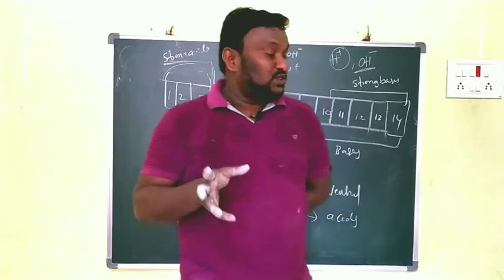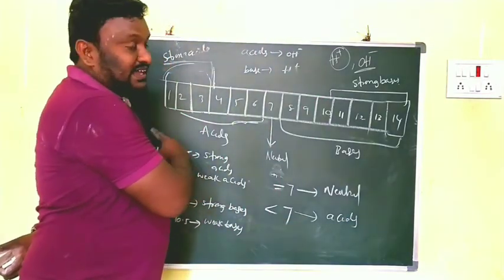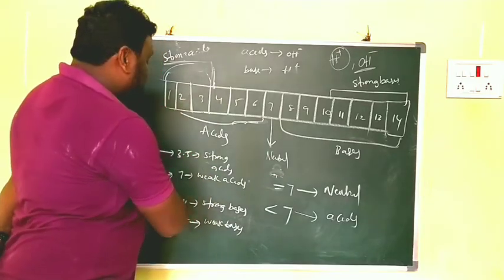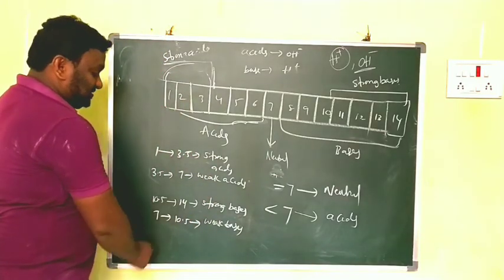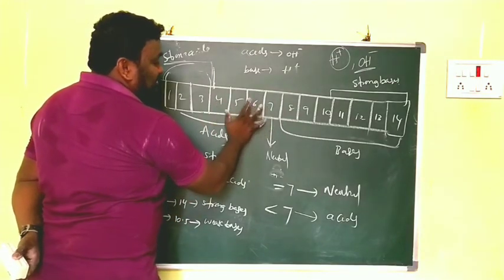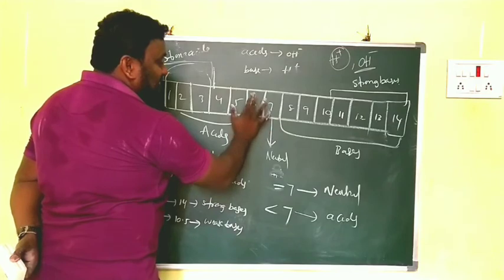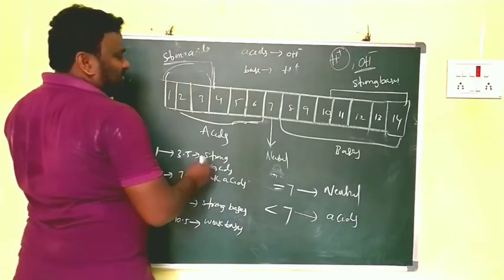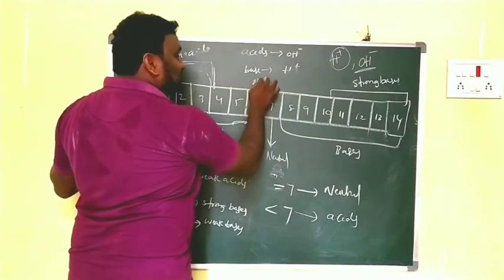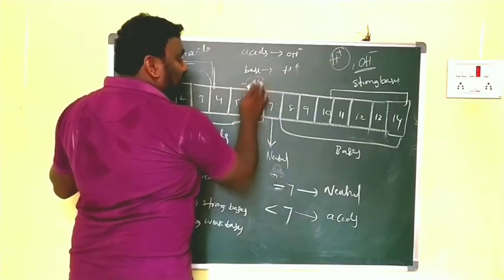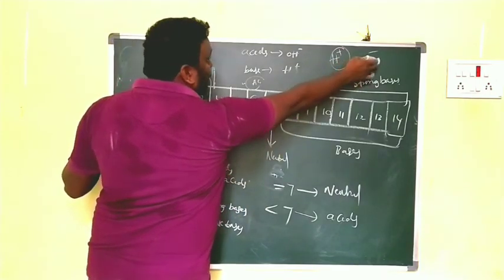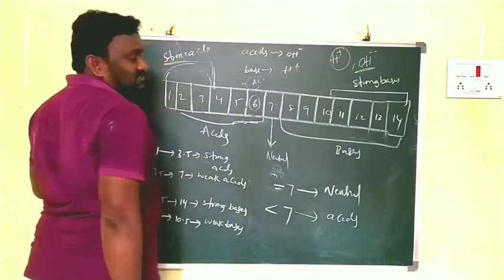Okay, so to go further, less than 7 is acid, more than 7 is base, 1 to 3.5 is strong acid, and 3.5 to 7 is weak acid. Here 6 is near to 7, so 6 is what? A weak acid. That means in that weak acid we have both H plus and OH minus, and OH minus is very near to H plus.